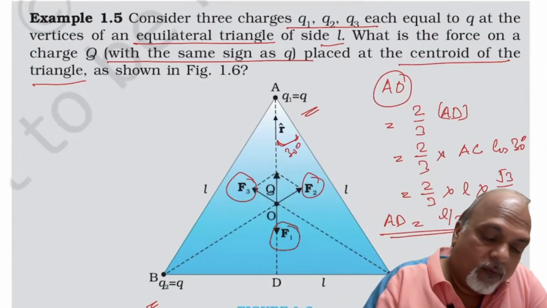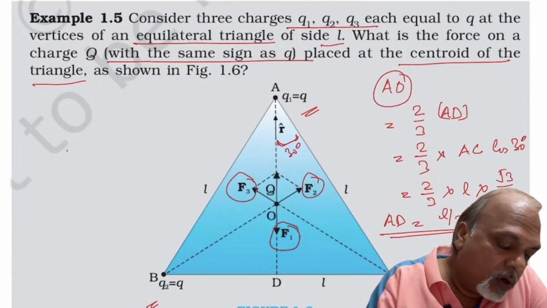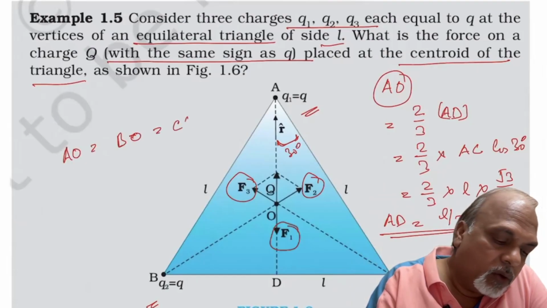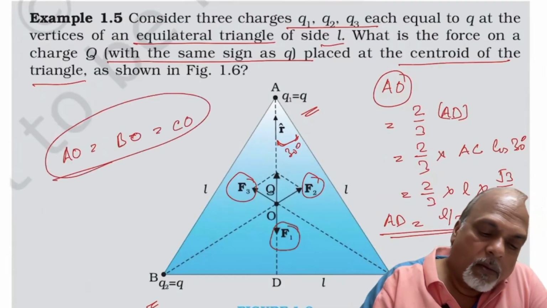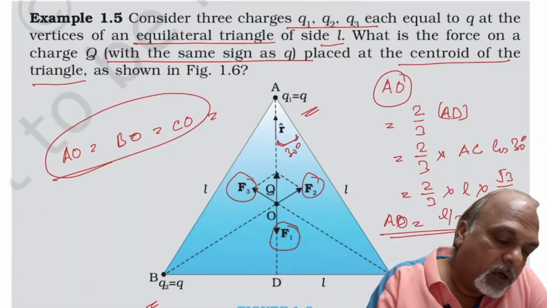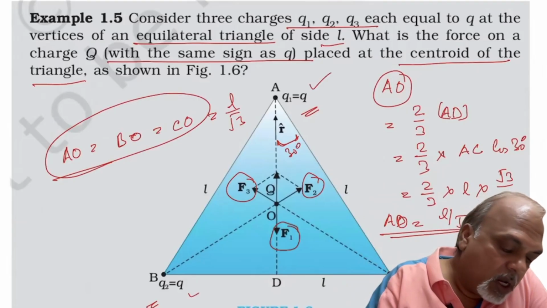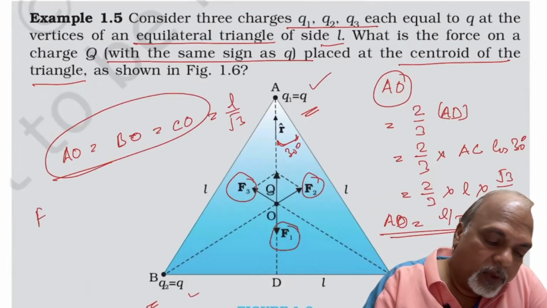What are forces F1, F2, F3? Since AO is equal to BO equal to CO, correct? So AO is equal to L by root 3. So all these forces, since this is Q, this is Q, this is Q, will also be equal.